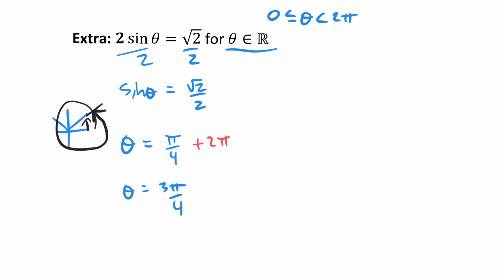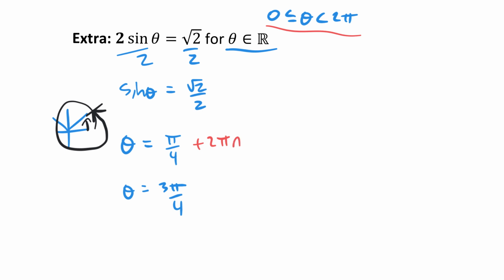The unit circle has an infinite number of solutions on it. We just usually look for the solutions from 0 to 2 pi. But theta being an element of the real numbers means we're looking for all real numbers, any solution. So you could add 2 pi, you could add 4 pi. The way we write this is we say we could add 2 pi n.